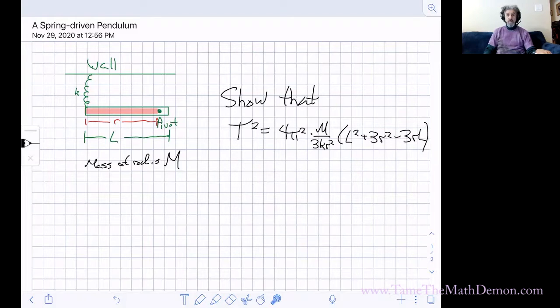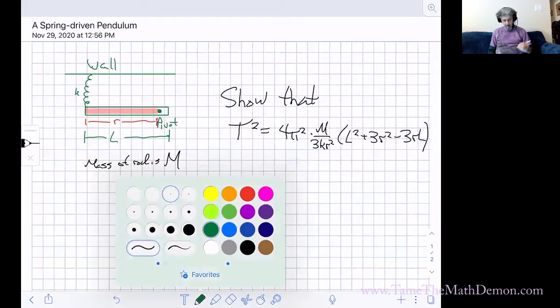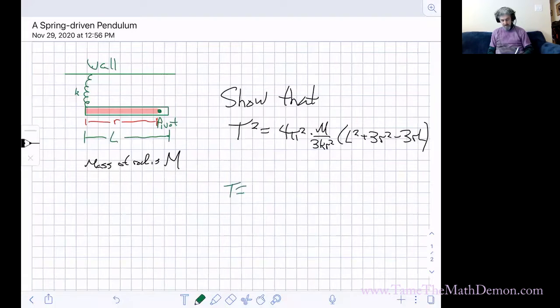How to do it? Well, the first thing we might do is to look up physical pendulums in our text and find that for a physical pendulum, the period is given as 2 pi times the square root of the moment of inertia of the thing that's swinging divided by mgd.